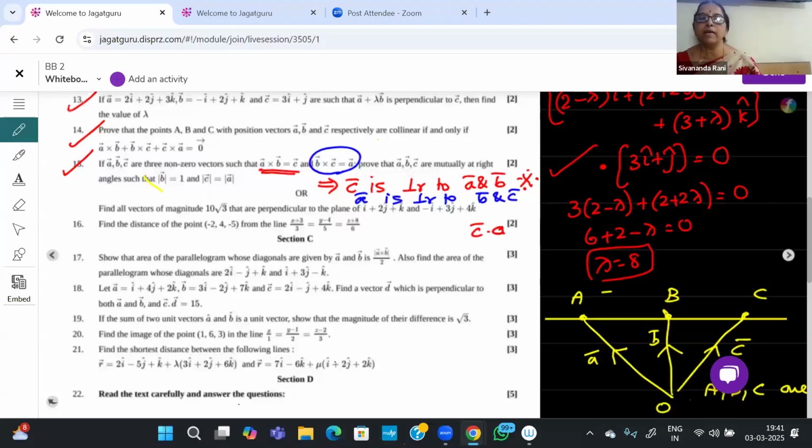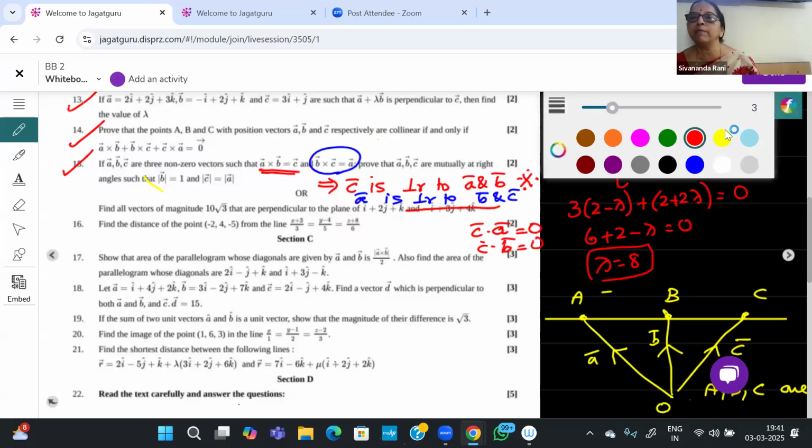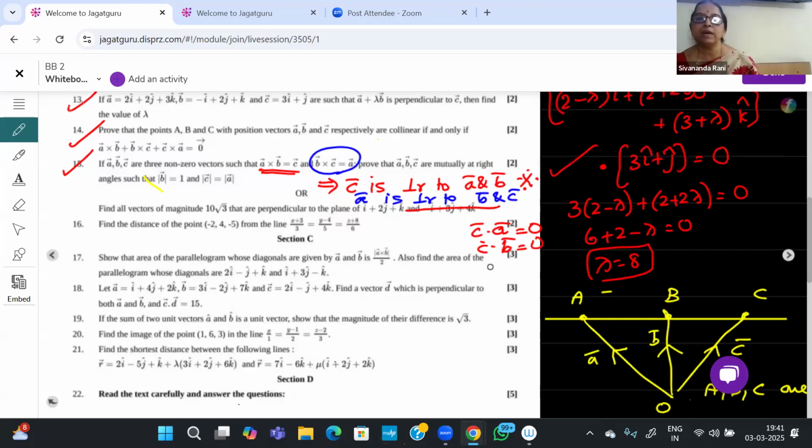That means C dot A is 0, C dot B is 0. And from here, A bar is perpendicular to B and C, so I'll get A dot B also to be 0, and A dot C is also 0. But of course, that is something that we had already. It's redundant. But from these three, what do you conclude? They are mutually perpendicular. Hence proved.